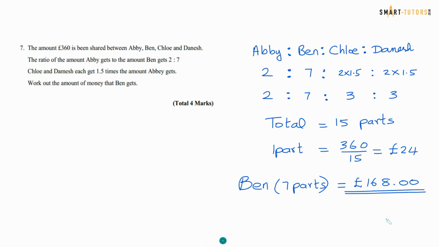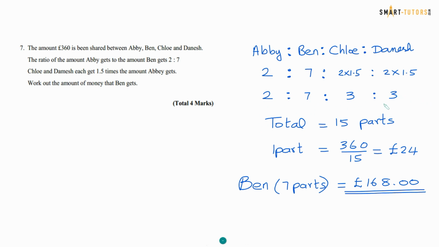In this ratio type question, put Abby and Ben in the ratio, 2:7. Chloe gets 1.5 times Abby, so 1.5 times 2 is 3. So all the ratio is 2:7:3:3.